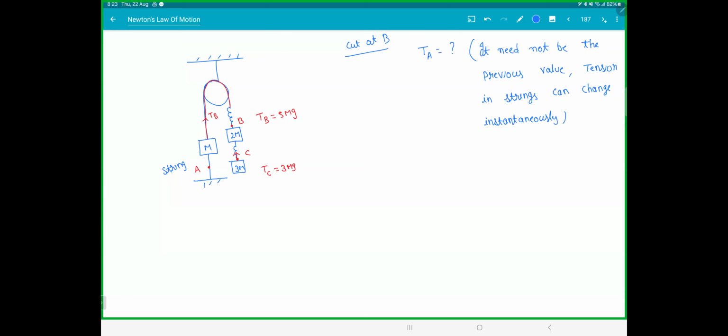So let's try and see. And what about Tb? You are cutting at B, so Tb will be 0. Tc will remain 3mg. Agreed? Now let's draw the FBD. So first let's draw for 3m.